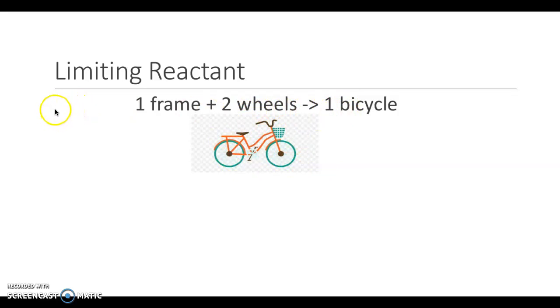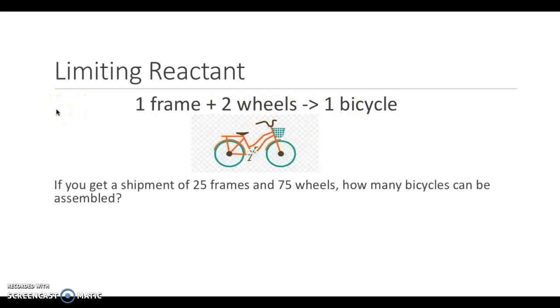Let's say your bike shop gets a shipment of 25 frames and 75 wheels. We want to know how many bicycles you can make from that shipment. In other words, what supply limits the amount of bikes that can be made? Is it the number of frames, or the number of wheels?